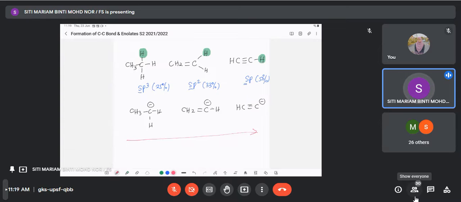In a simple way, I can say it like that. So I draw a proper arrow, moving to the right from sp3 to sp.